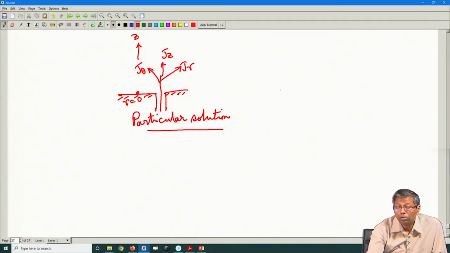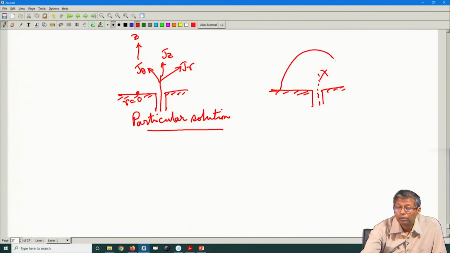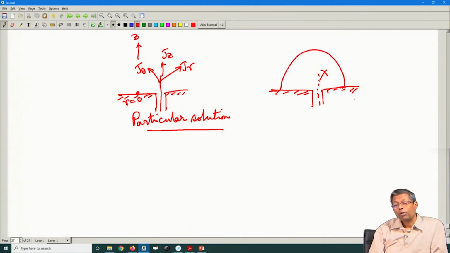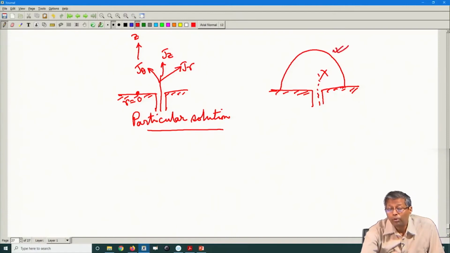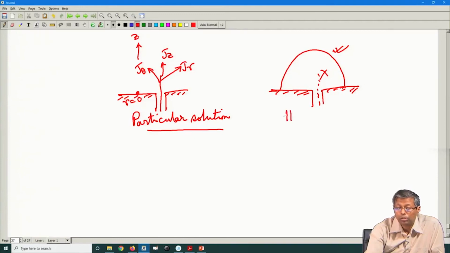The homogeneous solution is, this probe is absent, it is not there, and you have the dielectric resonator. So, the boundary conditions of the problem work without the presence of the source. So, this is the homogeneous solution.